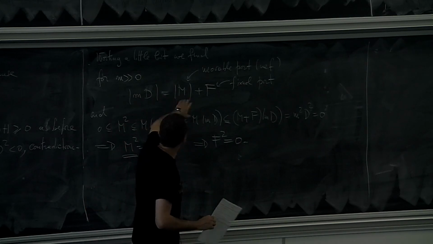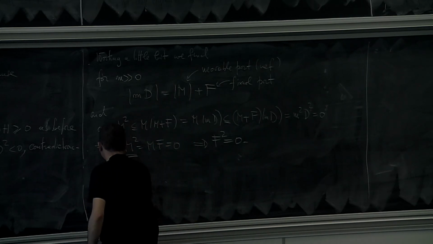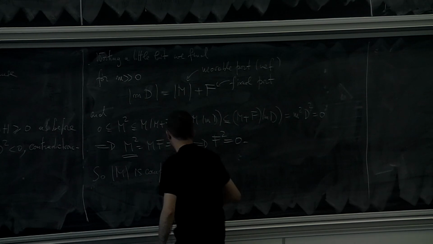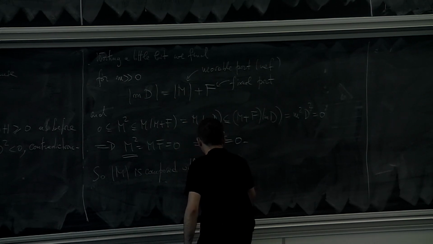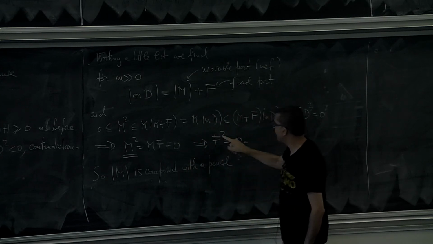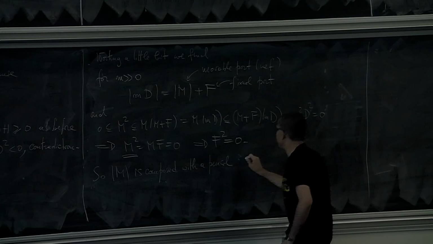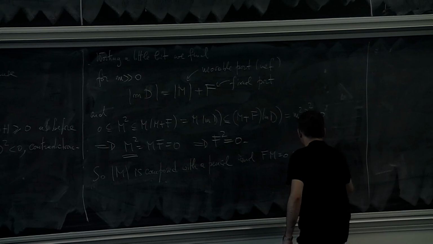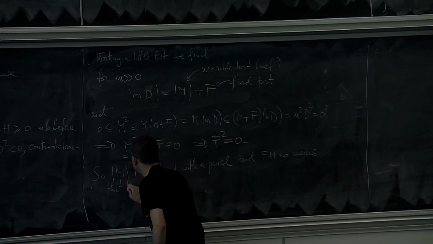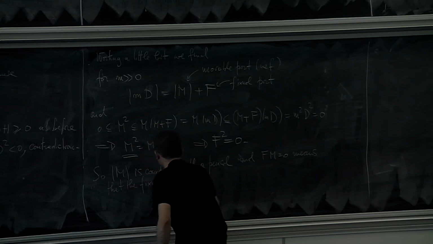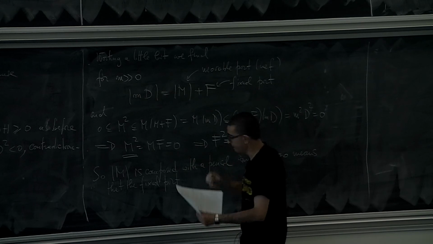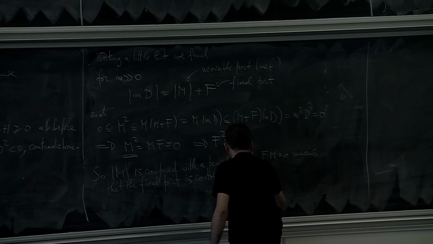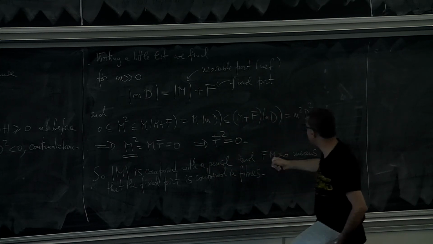From this it follows that M is composed with a pencil. And F squared equals 0 and F·M equals 0 means that the fixed part is contained in fibers of the pencil, because it does not intersect the pencil.